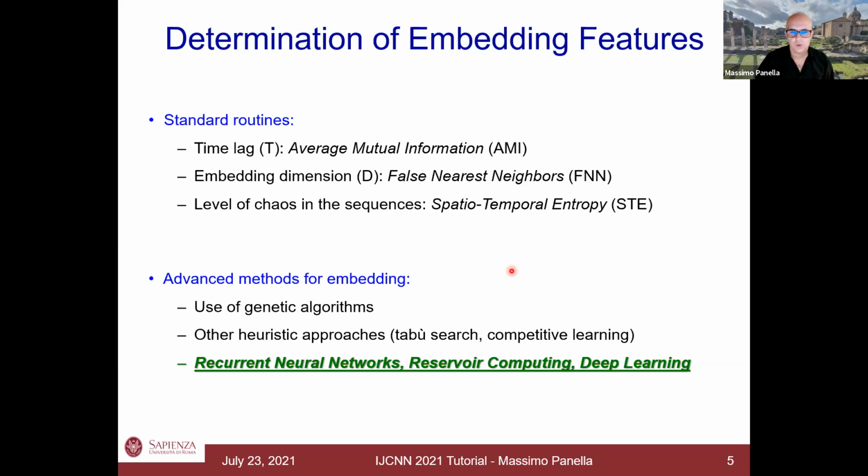But there are also some advanced methods produced in the literature over the years, based on genetic algorithms, for example, or other heuristic approaches, and as we will see, especially in this tutorial, by using deep neural networks.